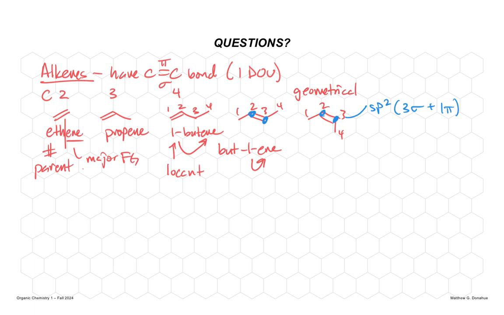So once you highlight those, then you're looking for any non-hydrogen substituent bonded to those and seeing if they're on the same or opposite faces. So the first one, the methyl groups at 1 and 4 are on opposite faces, so that's trans. So this is trans 2-butene. The second one, 1 and 4 are on the same face, so that's cis.